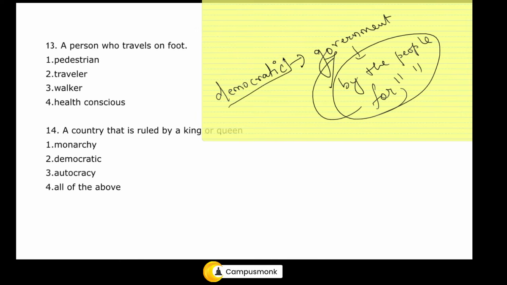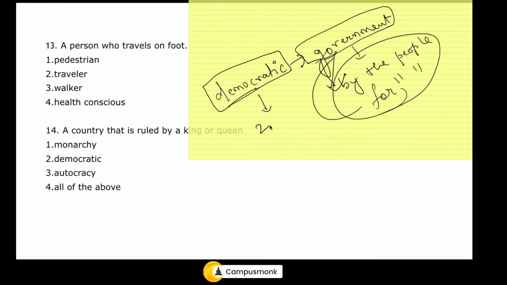That means a democratic country is one that is ruled by a democratic government that is elected by its own citizens. It is not ruled by a king or queen. So you eliminate option number 2, that is democratic, and if option number 2 is not an answer, then option number 4, all of the above, is not at all an answer. Okay, so you have eliminated.